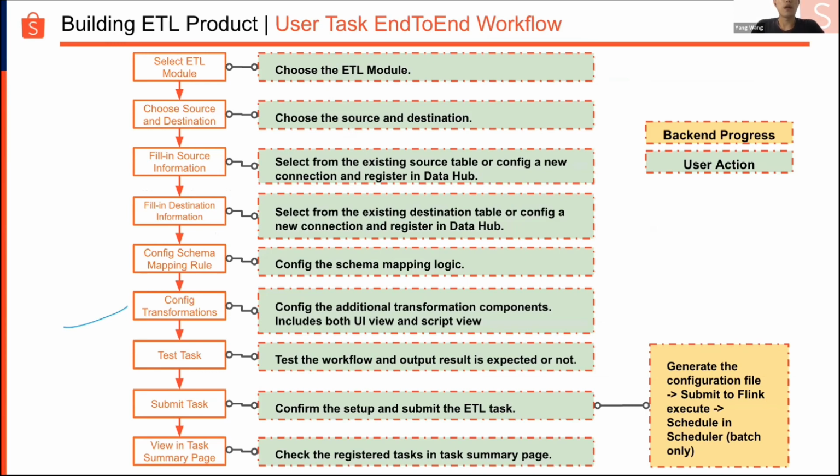That's because schema auto-infer is not feasible after multiple times of transformation, especially for the data type. After setting all configurations, the user can do an ad hoc execution to see how it goes. Only when the user confirms to submit the task, backend will generate the actual configuration file and let scheduler work.